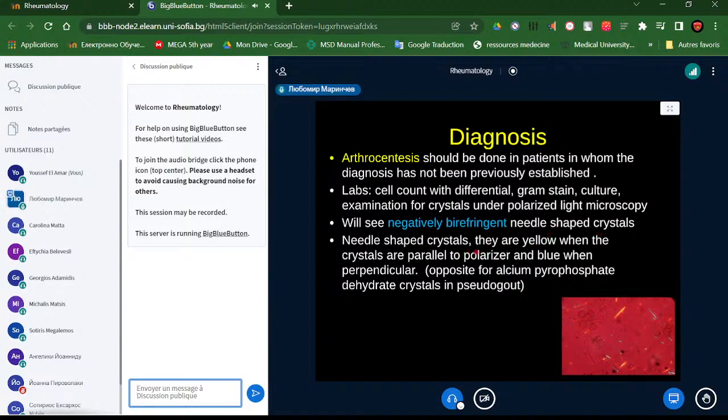Needle-shaped crystals are yellow when the crystals are parallel to the polarizer, and blue, here on the right, when they're perpendicular to the light of the polarized microscope. This is the opposite, vice versa, for calcium pyrophosphate dihydrate crystals in pseudogout.